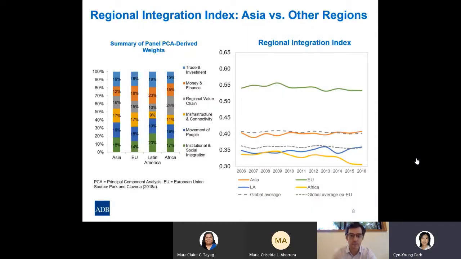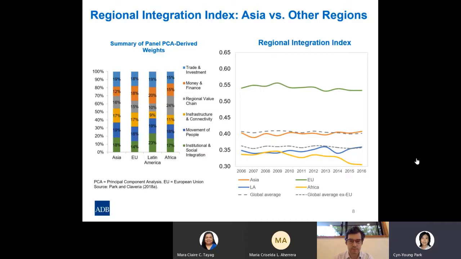We can see the regional integration index is fairly stable over about 10 years, although the regional integration index for the EU has been stable, yet a little slowing, while the regional integration index for Asia has made stable but a bit of progress over 10 years.